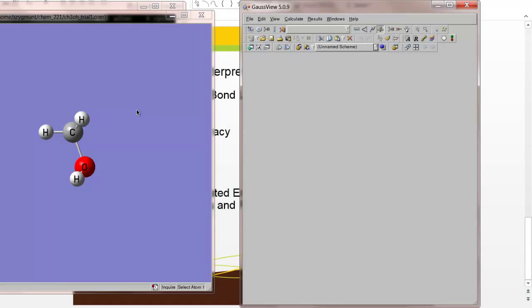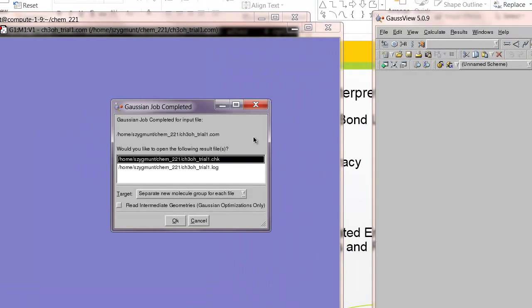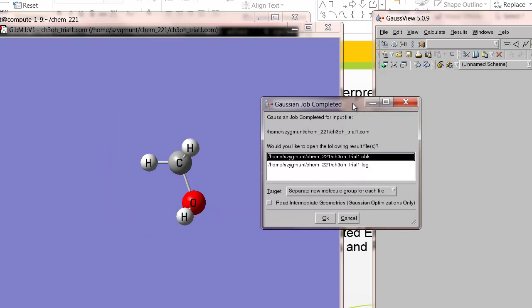And while it's running, let me just comment briefly on what the Gaussian program is actually doing. It's searching for the arrangement of atoms in this molecule that makes the most stable arrangement. In other words, that has the lowest energy, because the lowest energy is associated with the forces on all the atoms being equal to 0. And that's what we mean by an equilibrium structure. The forces are all 0.